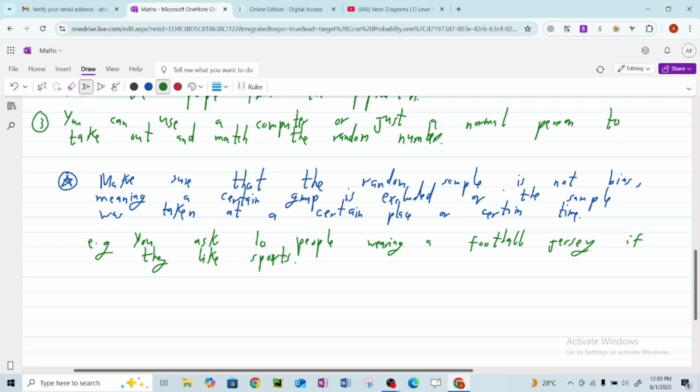Okay, now this will give you, like, all of them will say yes because they already have a football jersey. So you cannot include certain people and exclude certain people.